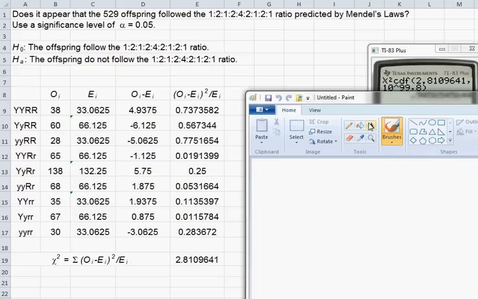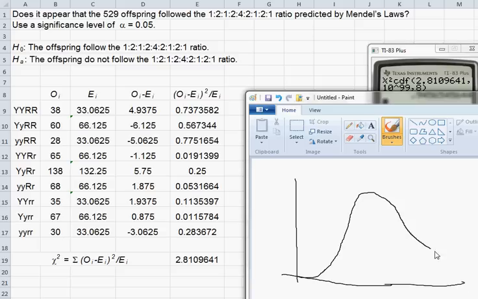What does this number mean? In the picture, here's my x-axis and y-axis, and I have a chi-squared distribution with 8 degrees of freedom. The total area under the curve is 1. If I draw 2.81, that's going to be about here someplace.